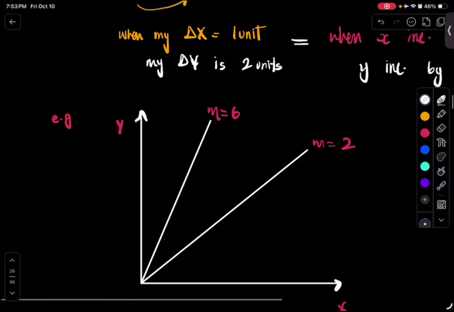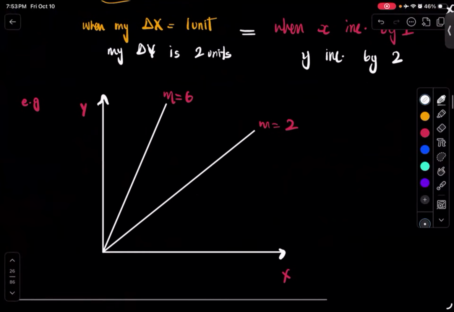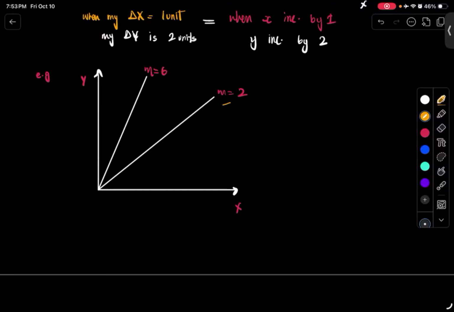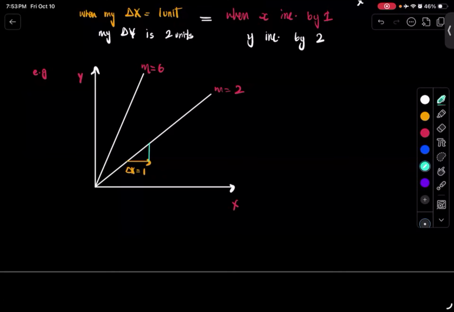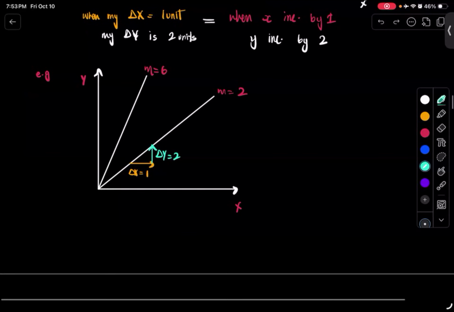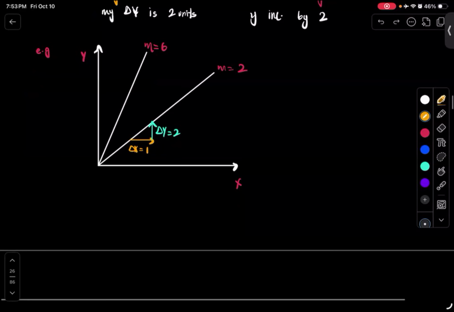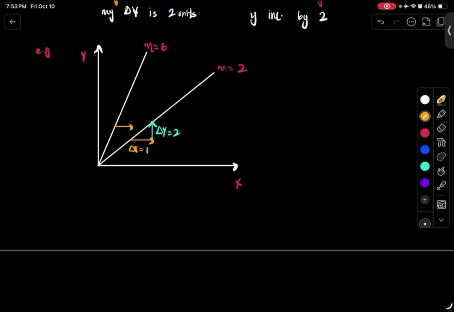And for example, now if the gradient is equal to 6 for this line and the gradient is equal to 2 for this line, m equal to 2 means that when change in x is equal to 1, then the change in y is going to be 2. But this line, which is much steeper, tells me that when my change in x is 1, my change in y is much larger, which is 6.